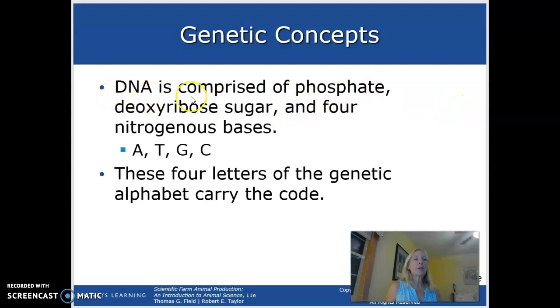DNA, deoxyribonucleic acid, is composed of very simple molecules. It's composed of a phosphate, a deoxyribose sugar, and 4 nitrogenous bases. These 4 nitrogenous bases are called adenine, thymine, guanine, and cytosine.